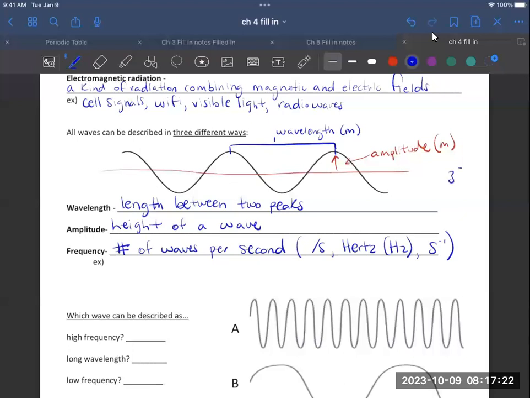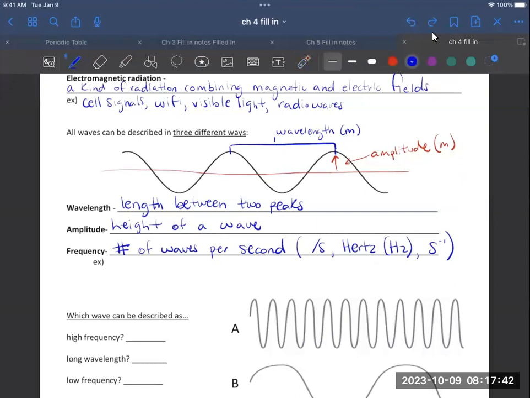So like 3 to the -1 power means 1/3. And like 2 to the -1 power would be 1/2, and so on. So s to the -1 is like the number over seconds. So if you just see that raised to the -1, that's what that means. So there you go, waves per second, that's what frequency is.